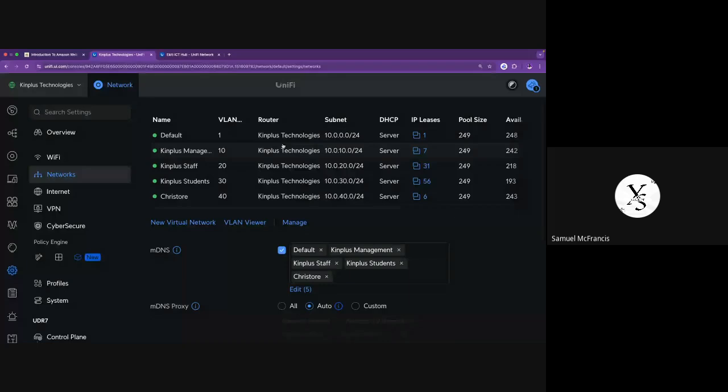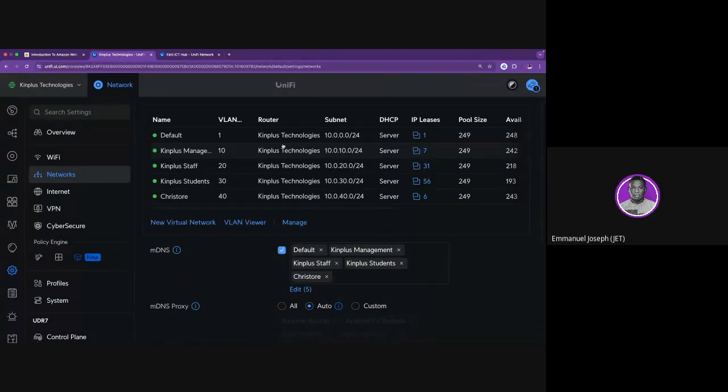Like this campus staff has IP address 10.0.220.0, and it's different from the subnet of the students. I think these are the number of IP addresses that are currently in use on that subnet.